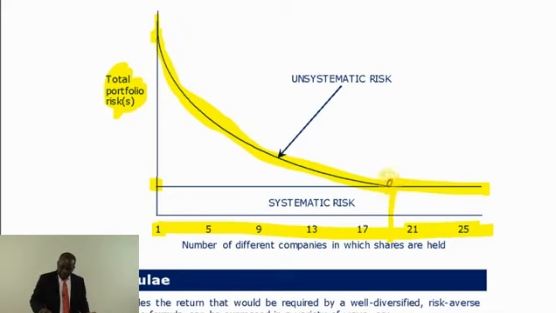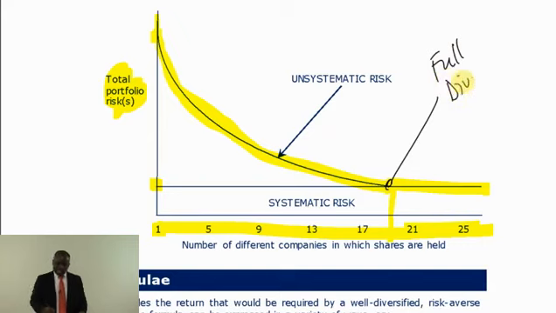At this point, we say the investor has full diversification, or a well-balanced portfolio. CAPM is assuming that the investor is rational. And as long as the investor is rational, the investor will want to operate at this level in order to remove all the unsystematic risk.